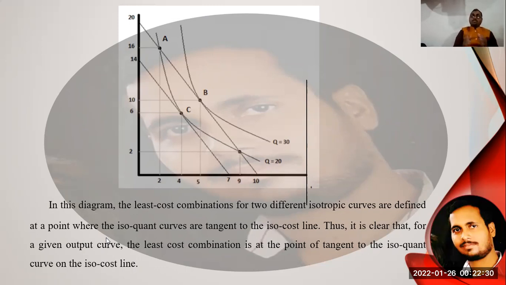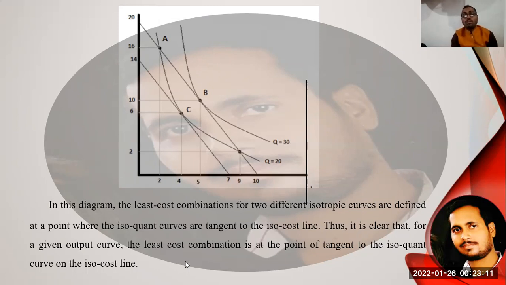So this is the nub of the producer's equilibrium point, students. In conclusion, we must say that the producer gets the maximum output, or the producer's equilibrium point, at those points where the IsoQuant curve touches the IsoCost line, where maximum equilibrium is possible.